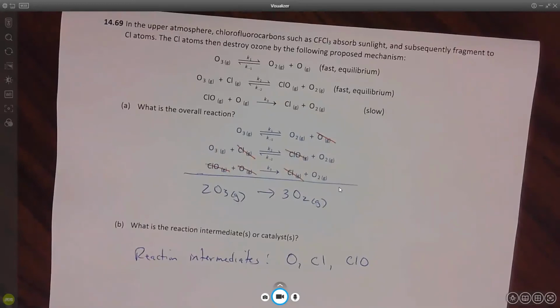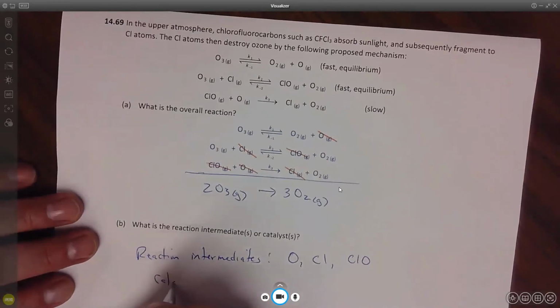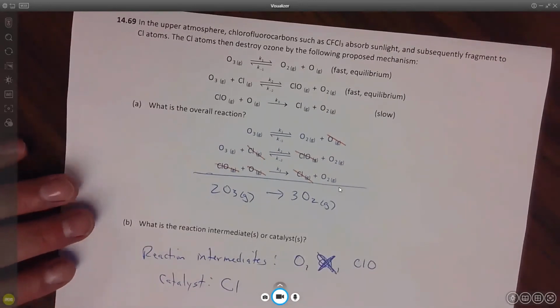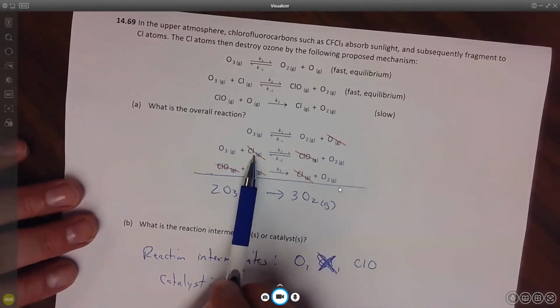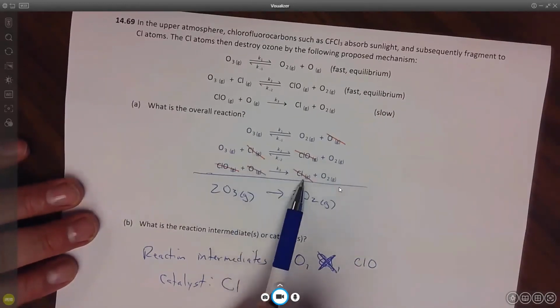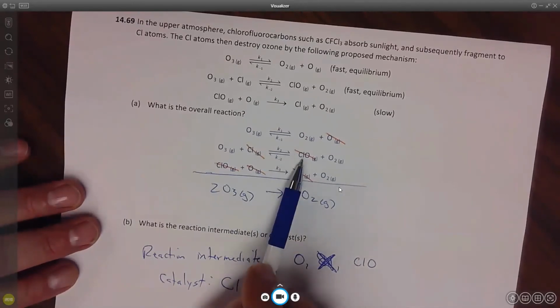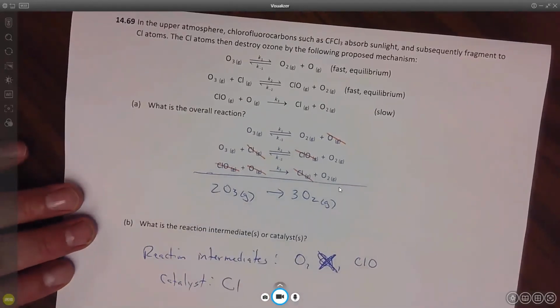Chlorine wouldn't be. It would actually be a catalyst. Okay. So again, the chlorine appears first as a reactant and then disappears as a product. Now the chlorine monoxide first appears as a product, then is canceled. So it is a reaction intermediate.